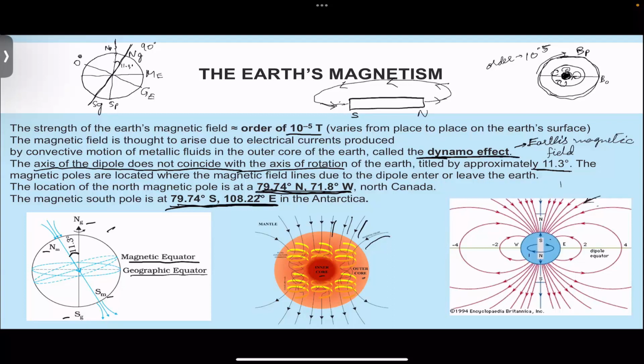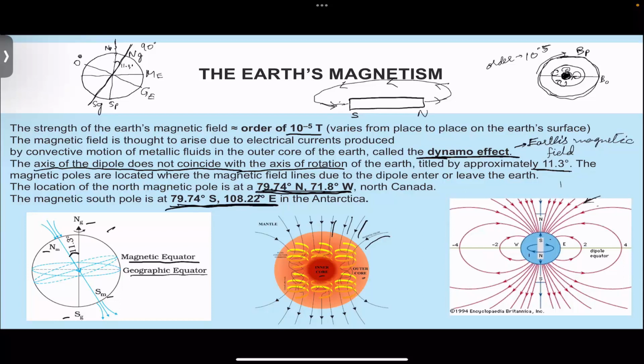there is a convention that we follow. We call the magnetic north the magnetic north pole, because the north direction of the magnetic needle actually points to the North Pole.